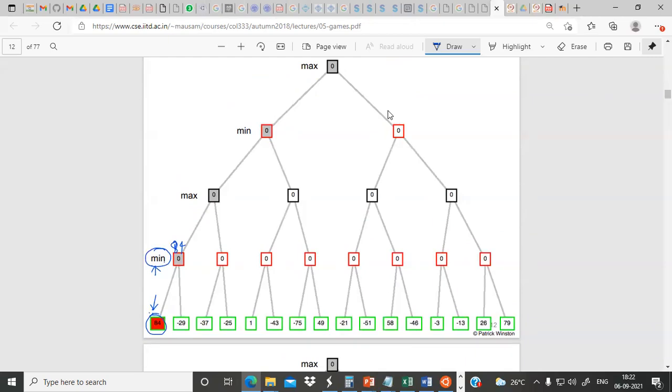Now the backup will go to its parent also. But what is the parent here? It is a maximize node. So what will it do? It will take the maximum of its two children.